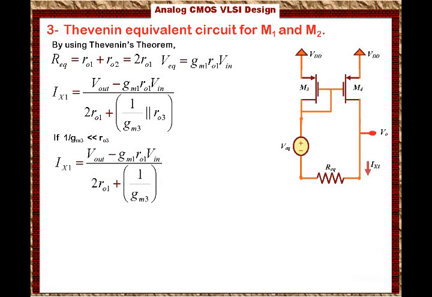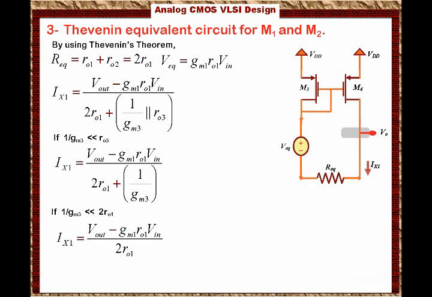And if we assume that 1 over GM3 is much less than 2 times RO1, then Ix1 is equal to V out minus GM1 times RO1 times Vn over 2 times RO1. So I ended up calculating the current flowing through R equivalent, V equivalent, and M3.